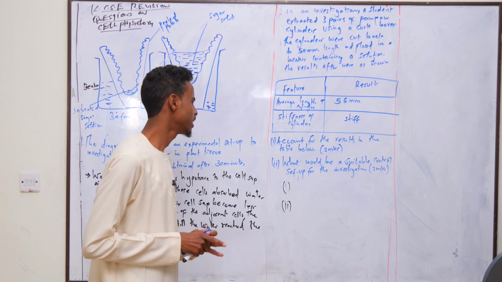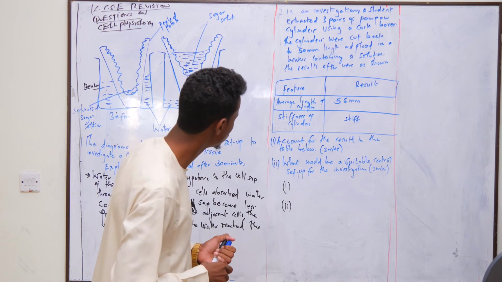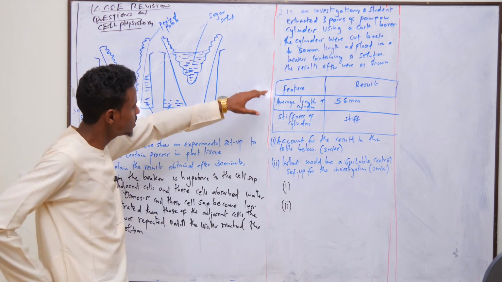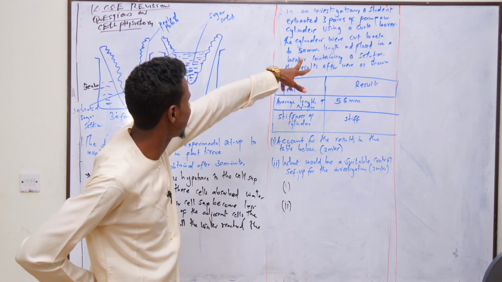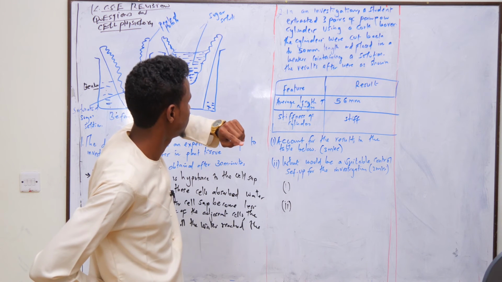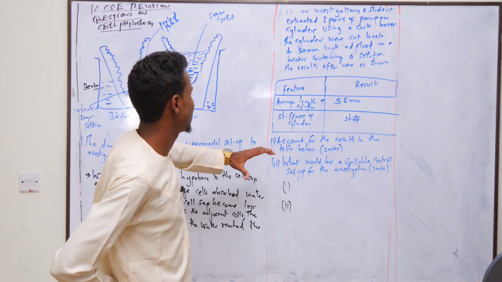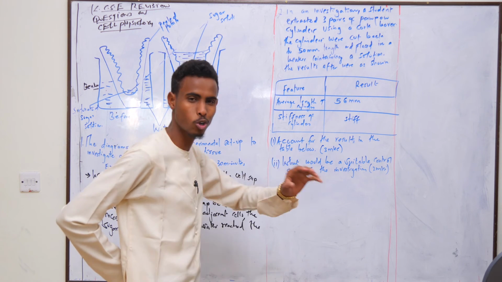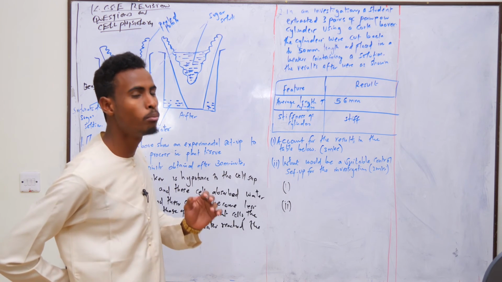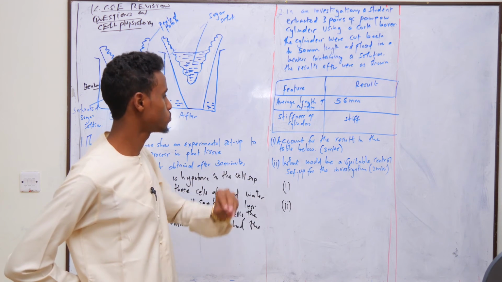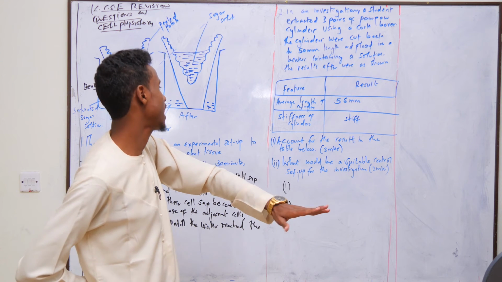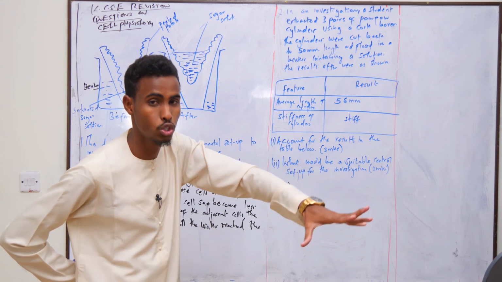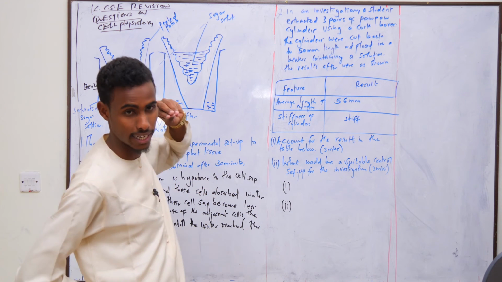Those are 2 observations. Now, let's explain the observations. Now we say the purple cylinder was placed in a hypotonic solution. Through the process of osmosis, water molecules moved from the solution in the beaker into the purple cylinder.